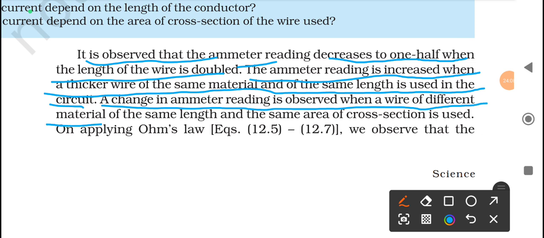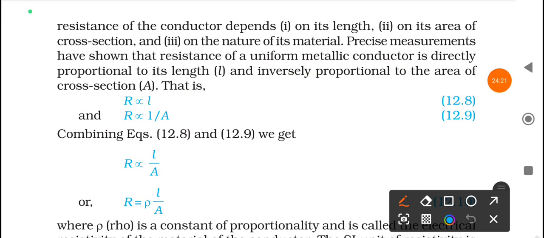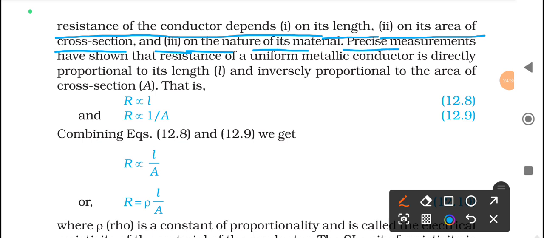A change in ammeter reading is observed when a wire of different material of the same length and the same area of cross section is used. On applying Ohm's law, we observe that the resistance of the conductor depends first on its length, second on its area of cross section, and third on the nature of its material.